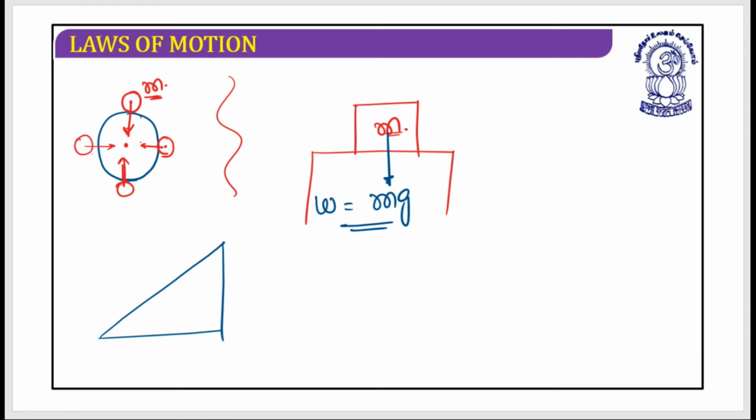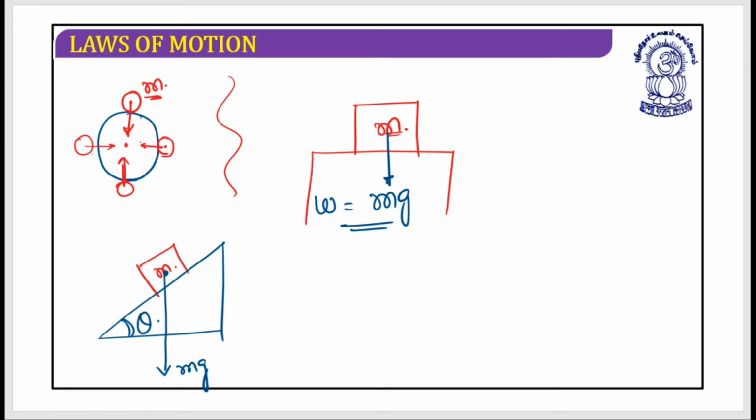Let's suppose a wedge is there, and this is angle theta, and a certain block having mass m is on it. In this situation, mg acts from the center in this direction. I hope these things are clear.